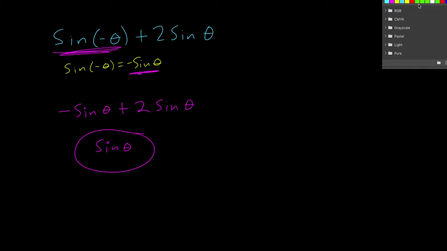Okay? Now we have a new problem, cosine of pi halves minus theta over cosine of pi minus theta. Okay, so I'm going to write down a couple relevant formulas from that part.